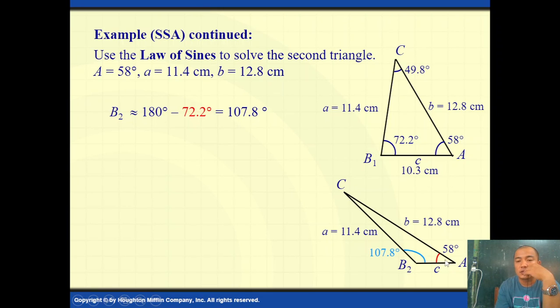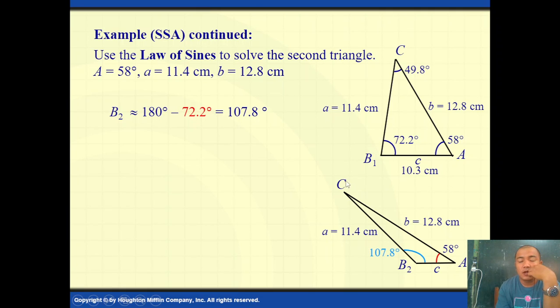58 degrees. So for B sub 2, we're going to solve. We just subtract the angle B sub 1, which is 72 degrees. 180 minus 72.2 degrees is 107.8 degrees.